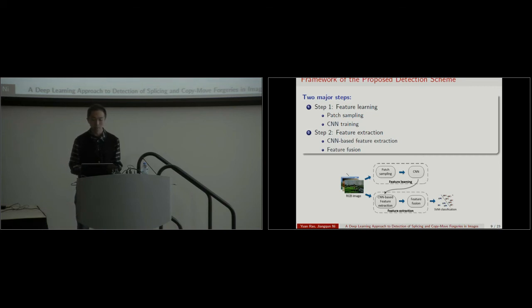In step two, we extract features from the whole images based on the pre-trained CNN, and then we fuse the features to obtain the final discriminative feature for SVM classification.